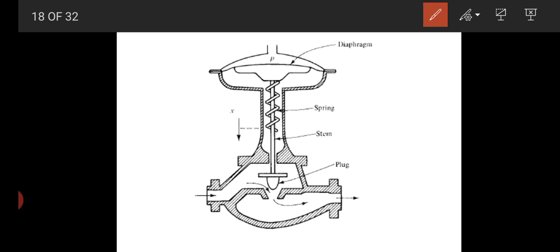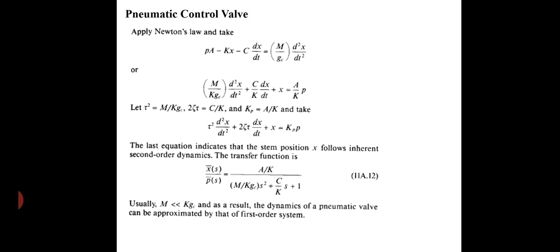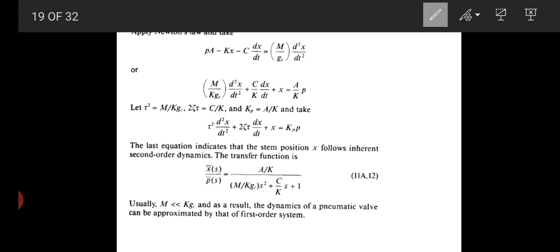So B into dx by dt, or here we are representing the damping force, or frictional force coefficient, as C. So you can see here, C into dx by dt is the frictional force.